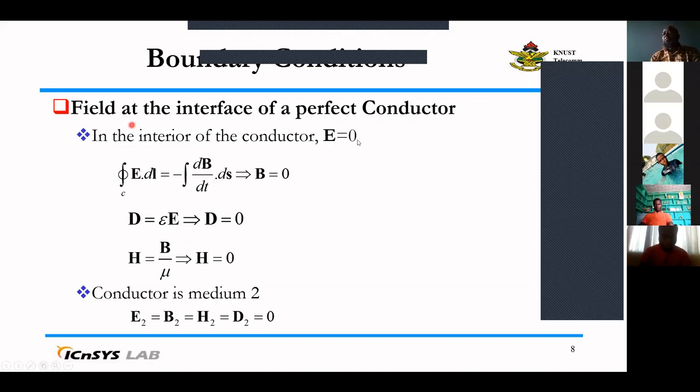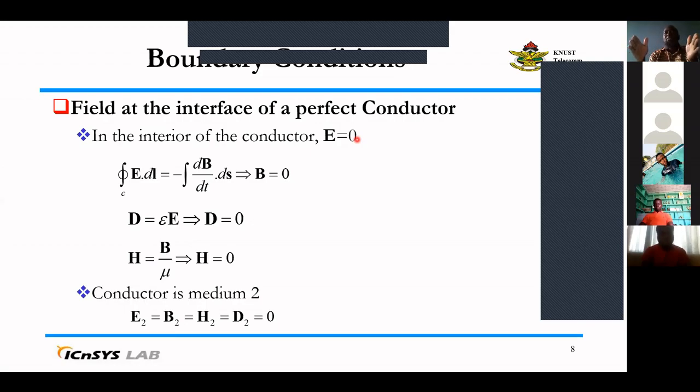Now, if you remember, in the interior of the conductor, E equals 0. You remember that? When we did the static electric field intensity, we said that if you introduce a charge in a conductor, the charges in the conductor itself begin to drift apart, positive and negative, until such a time that they create an electric field equal to the original electric field that is causing the drift motion of the charges.